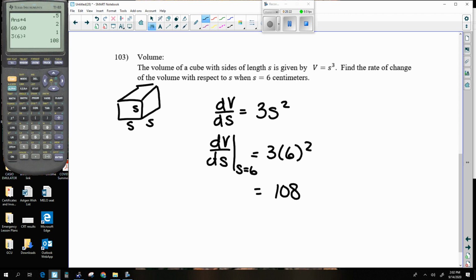And that'd be change in volume, which is centimeters cubed, over change in s, which is centimeters. So I think this could officially be 108 centimeters squared. The labeling is really kind of weird on this one.